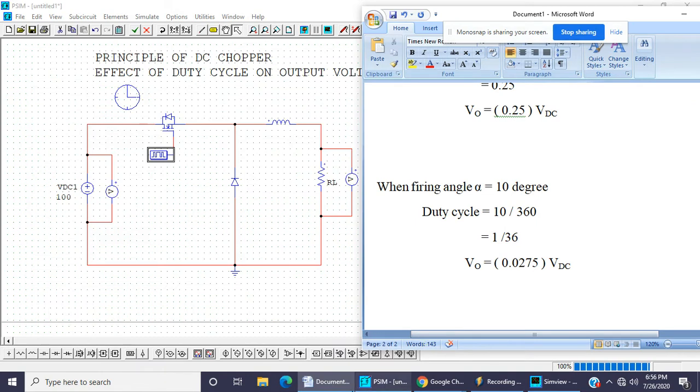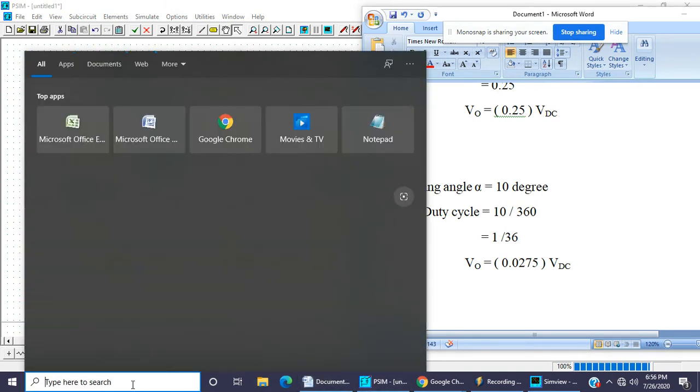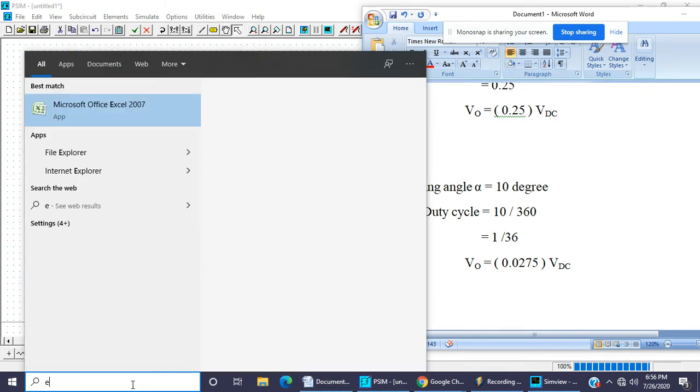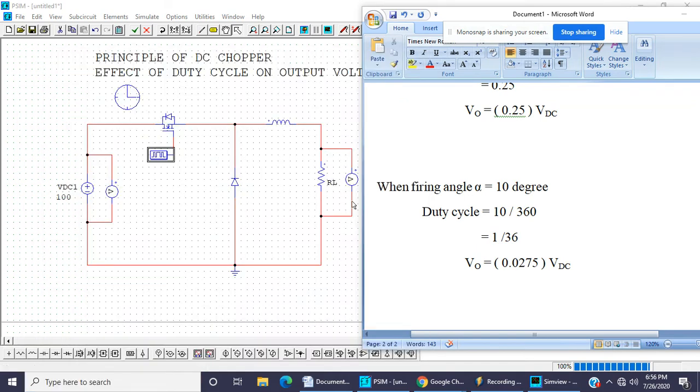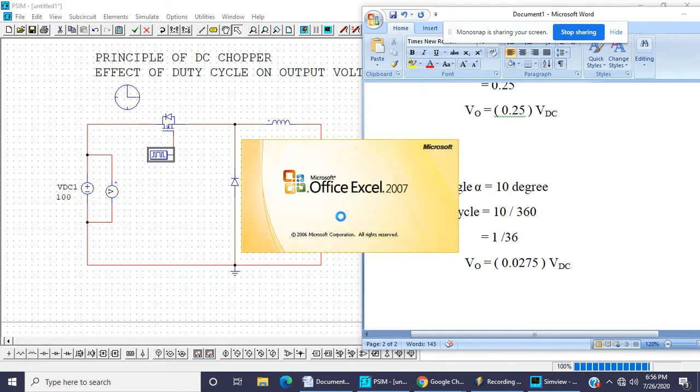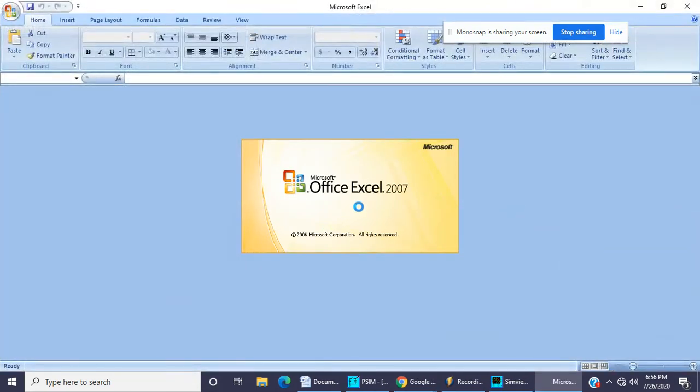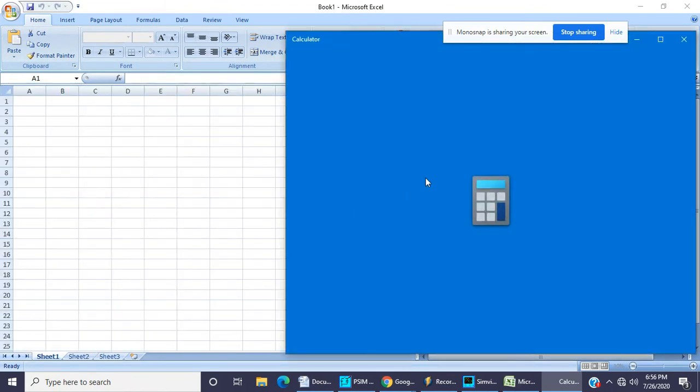So it will not open. We will see in the Excel. Okay, this one is open.